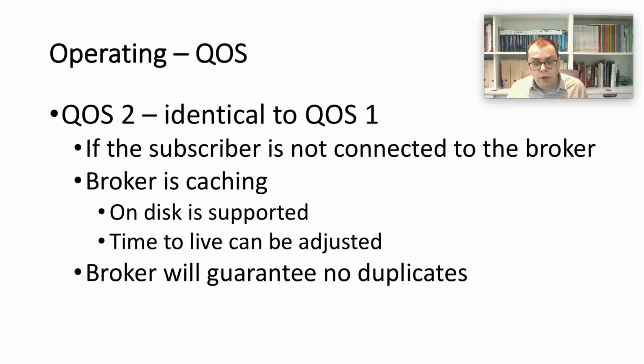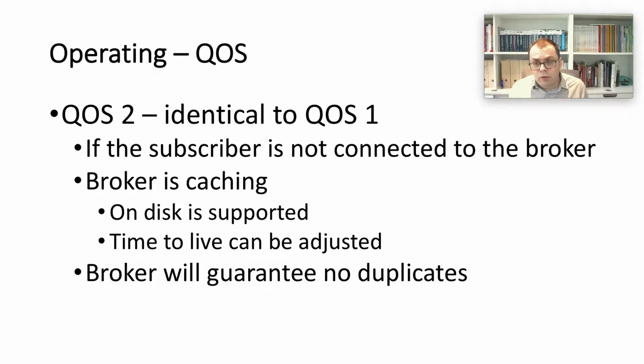So the mechanism used to guarantee there is no duplicate is a little bit CPU intensive, at least back in the days. But nowadays there is no challenge. We have very powerful CPUs. We have multiple cores, so there is no point in using QoS1 anymore. If you need to get a copy of data, to cache data, just use QoS2. There is no point in not using it.